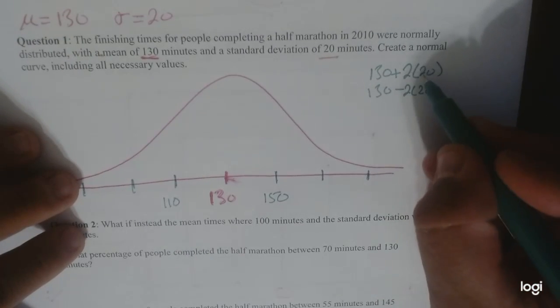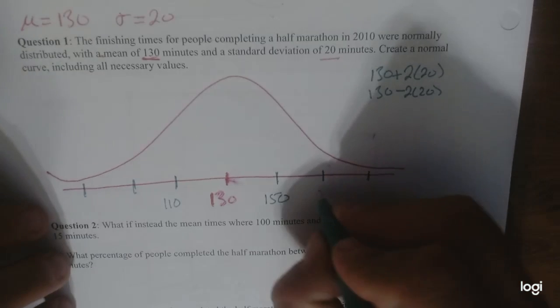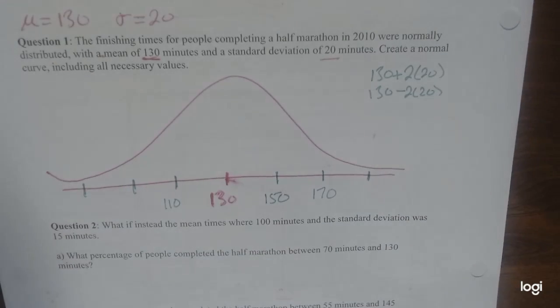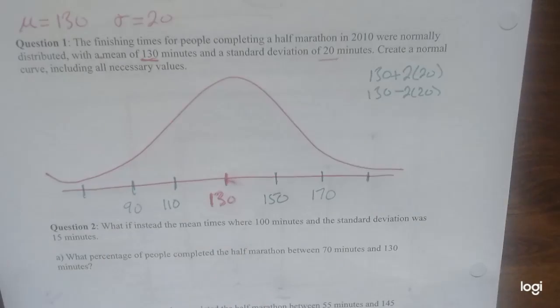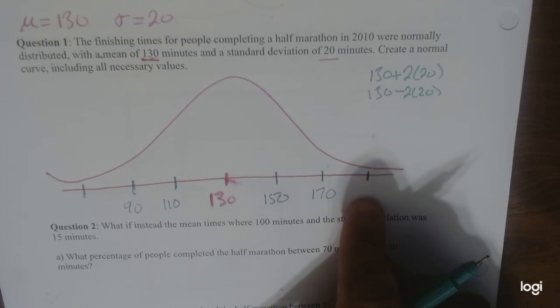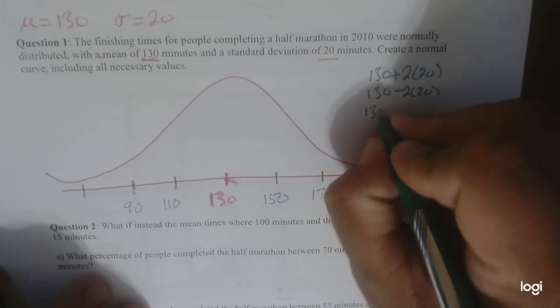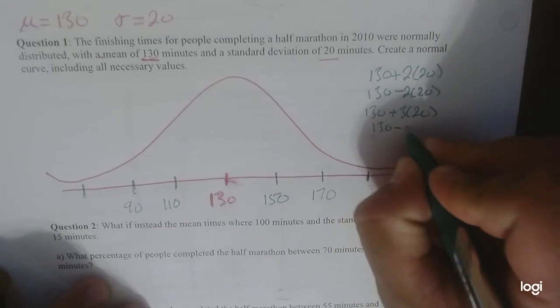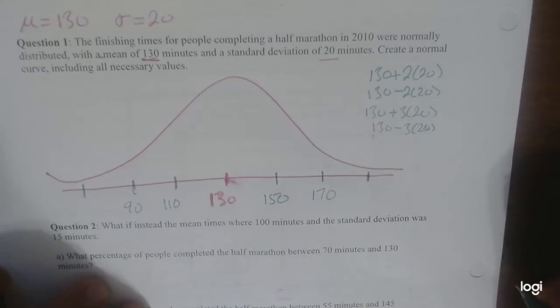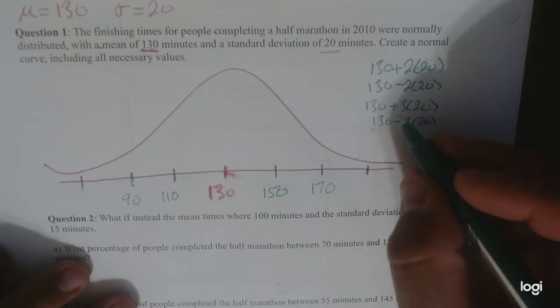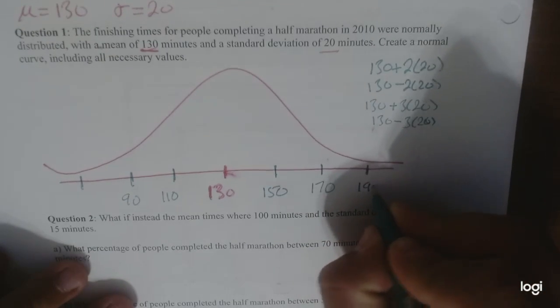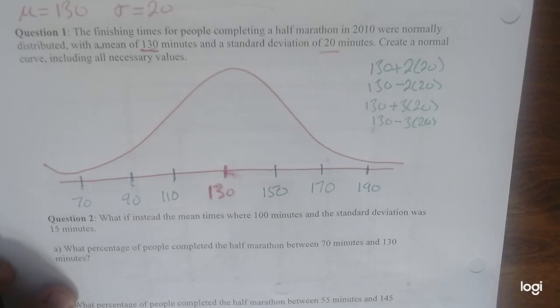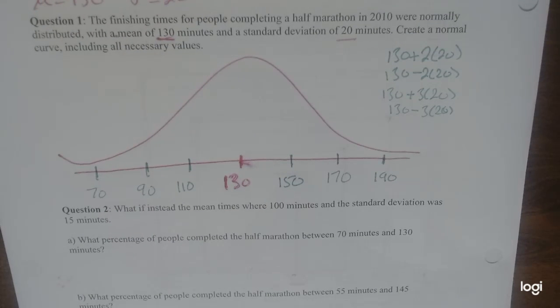That is 40, so 40 plus 130 is 170, and 130 minus 40 gives you 90. And lastly, 3 of them: 130 plus 3 times 20, and 130 minus 3 times 20. Doing the math, this gives you 190, and over here 70. And there you go, you created the bell-shaped curve.